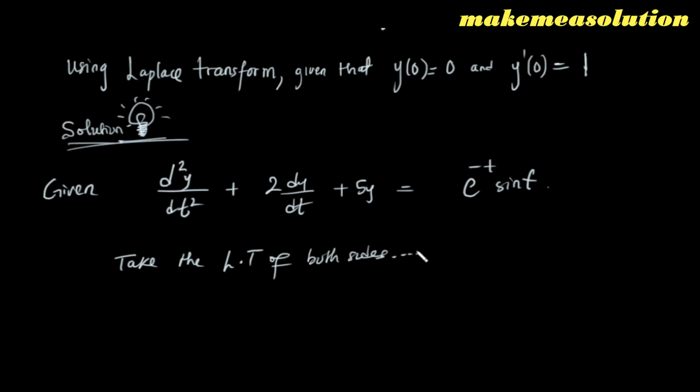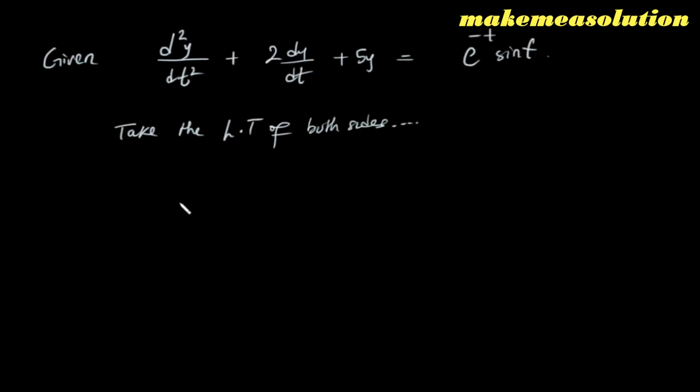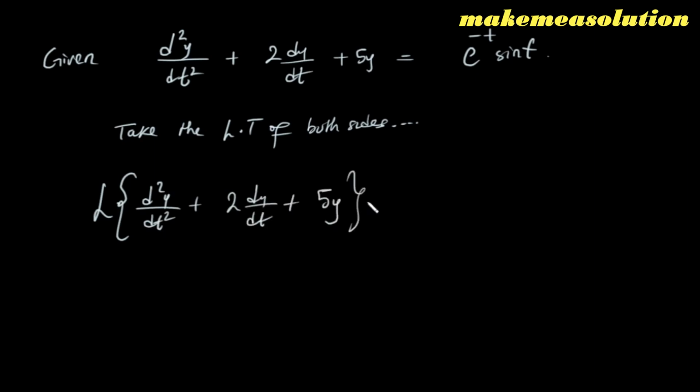So I'll have the Laplace transform of d squared y over dt squared plus 2 dy over dt plus 5y is equal to the Laplace transform of exponential minus t sine t.